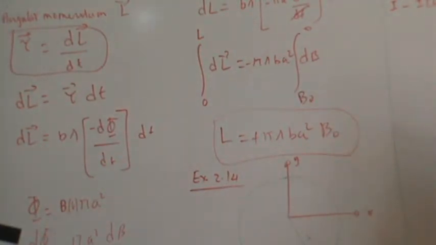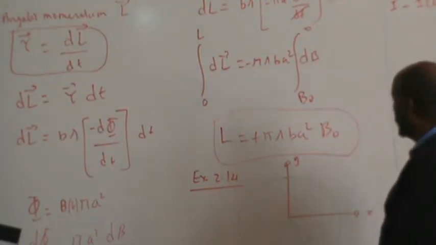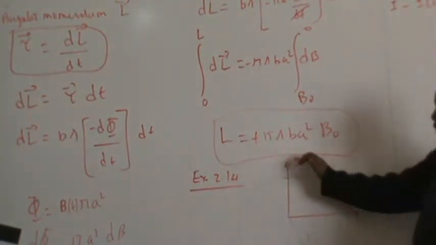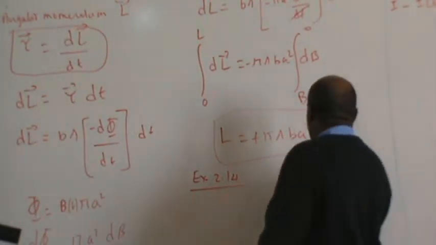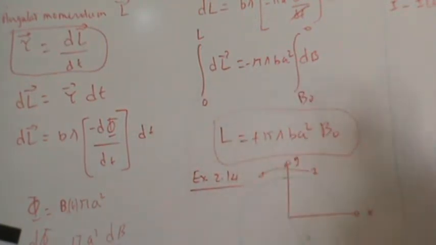This current is flowing in the phi direction, so that means the magnetic field is going to be in the positive z direction.